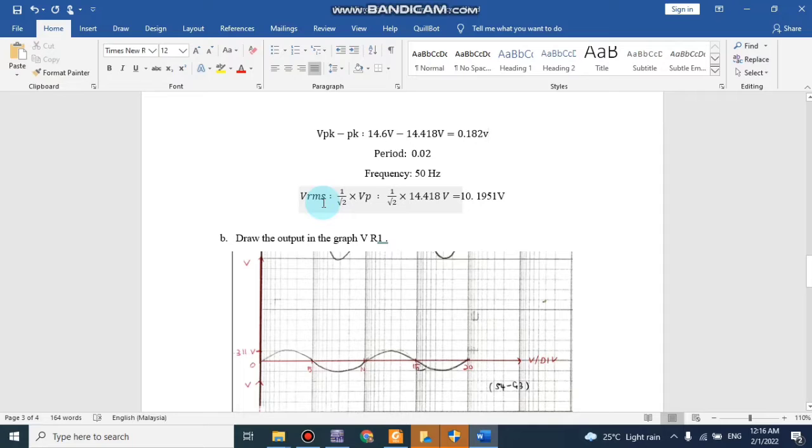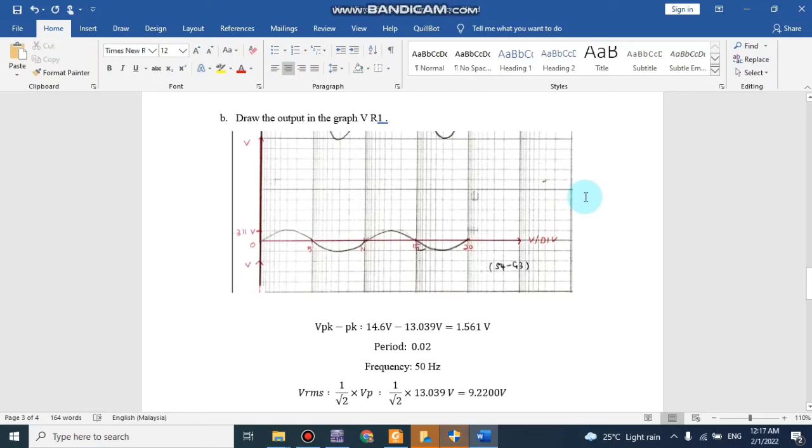And the VRMS formula is 1 over square root of 2 times VP. And here 1 over square root of 2 times 14.418, and we will get 10.195.